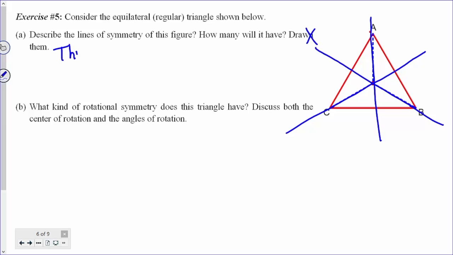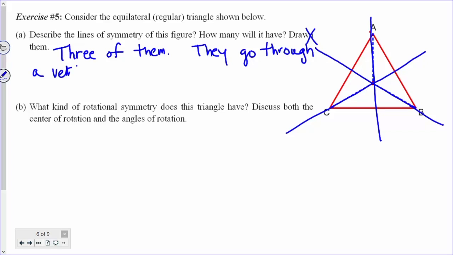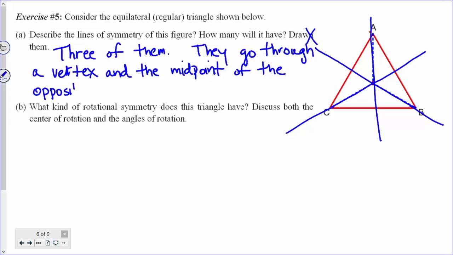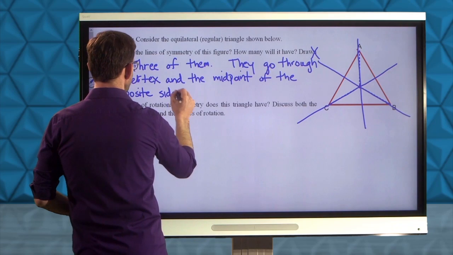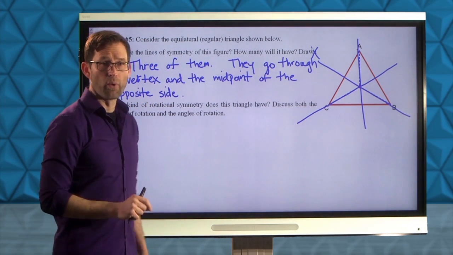Well, first, there are 3 of them, and they go through a vertex and the midpoint of the opposite side. They don't just go through the opposite side, they go through the midpoint of the opposite side.